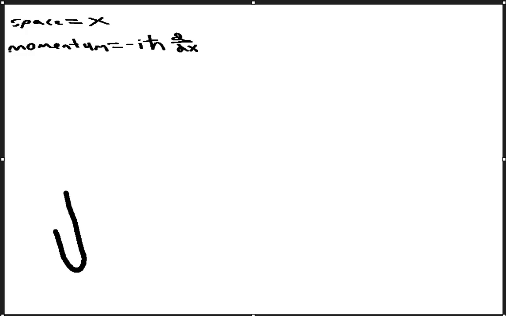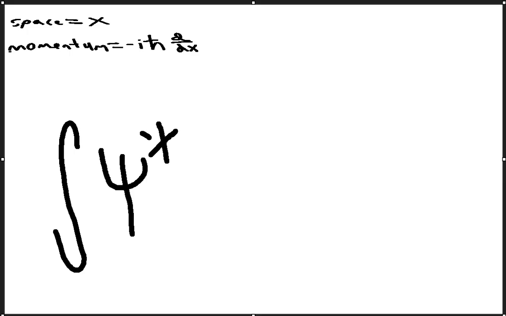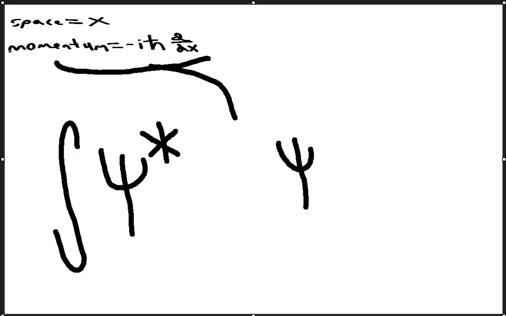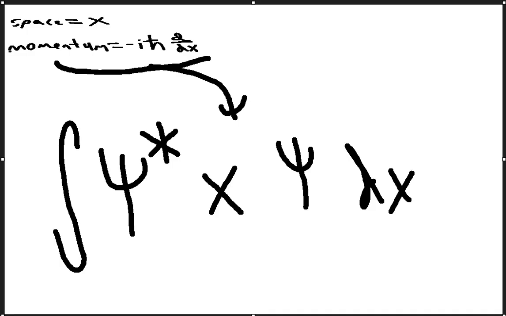We take our integral and our complex conjugate from before and our function, and then we just take whatever operator we want from up here and we stick it in the middle. So if it's the space operator, it looks like this, x dx. And that's it. That's all there is to calculate this.